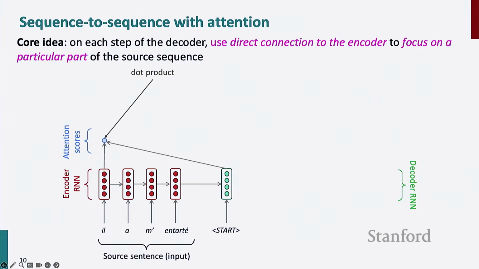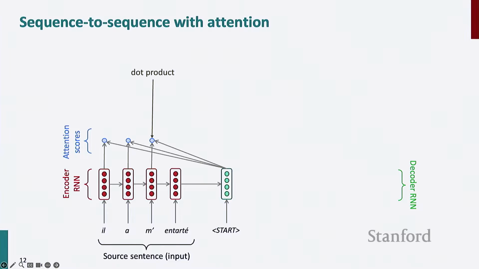So we're going to compare, in a way I'll make precise later, the hidden state with the hidden state at every position in the source sentence. And based on our comparisons, we're going to work out an attention score. Where should we be looking at in the source sentence while generating the first word of the translation?